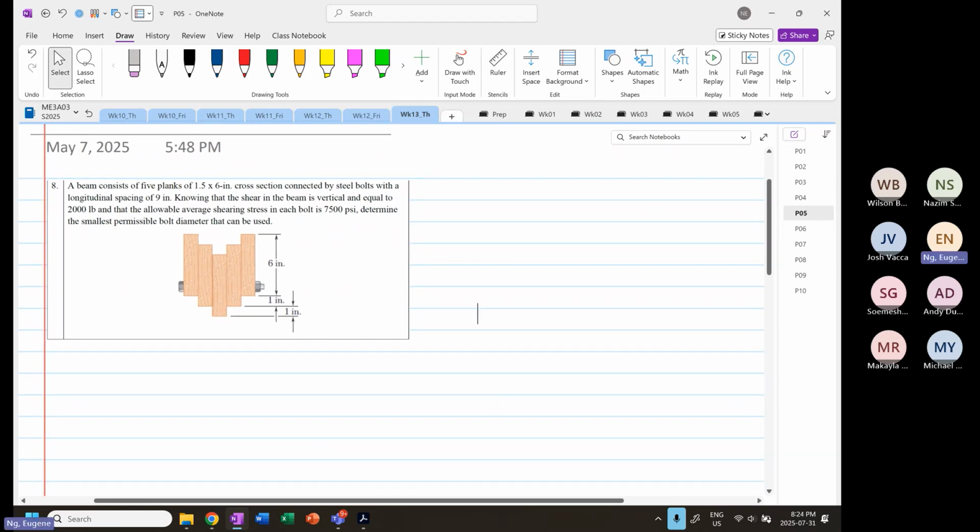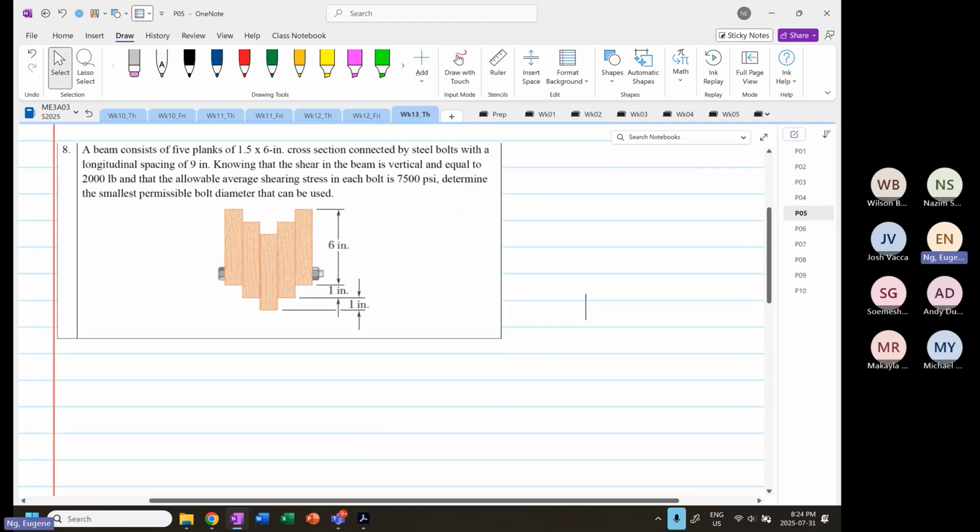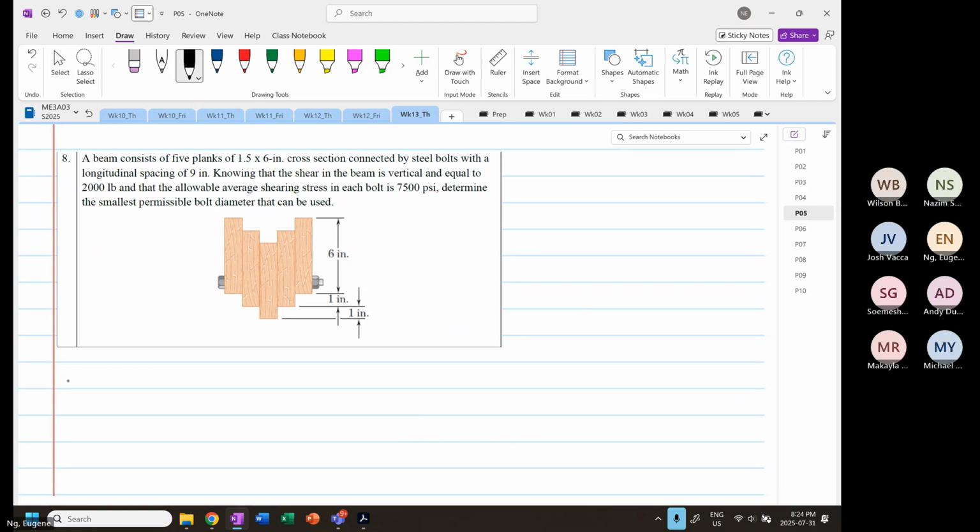So we have 5 planks, and the cross section of steel boards with a longitudinal spacing of 9 inches. So we are given the S, 9 inches.